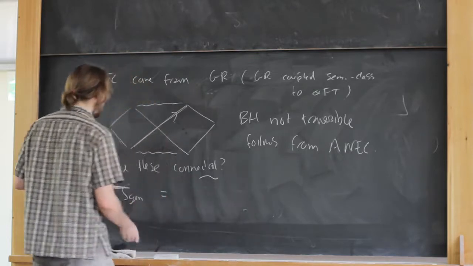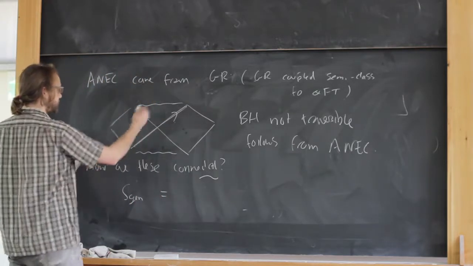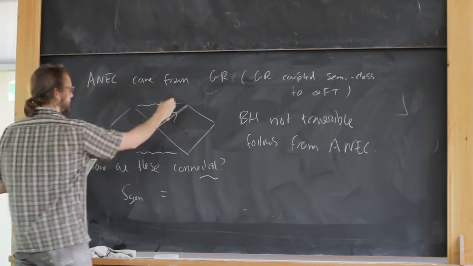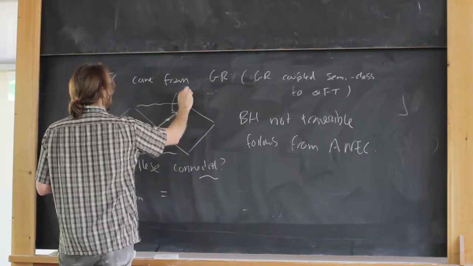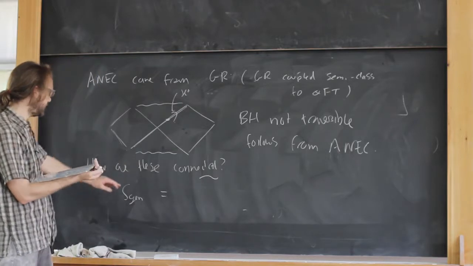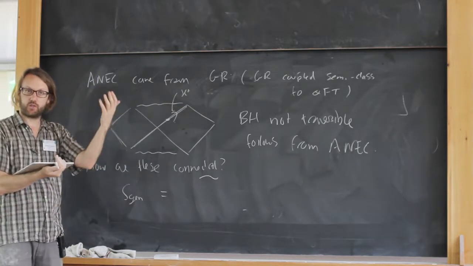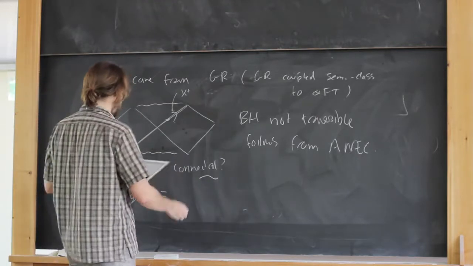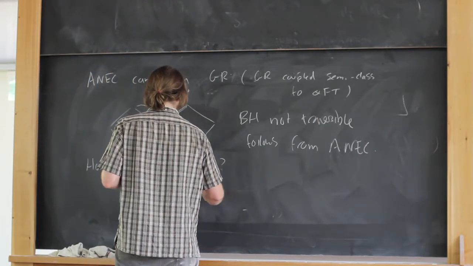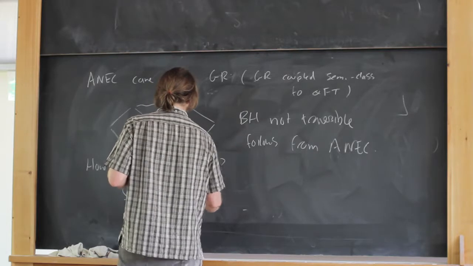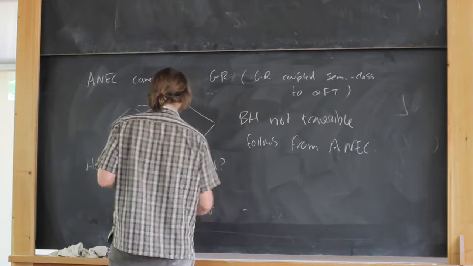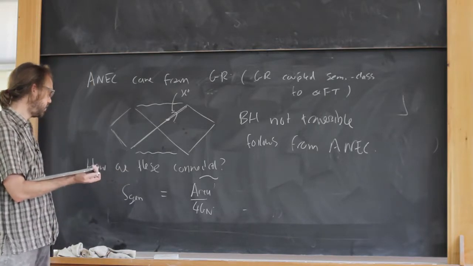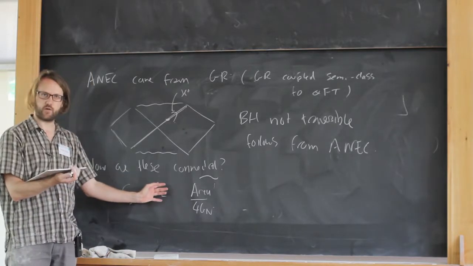The generalized entropy is an entropy you can associate to a black hole horizon. The usual entropy you would associate to a horizon is just the area of the black hole divided by 4G Newton, so that's well known. But there are various reasons why we shouldn't expect this to be the final answer.